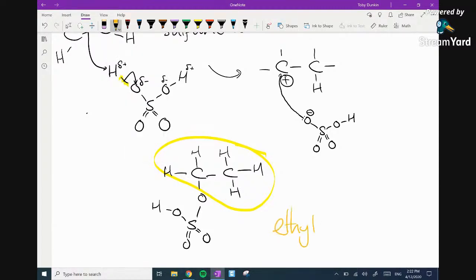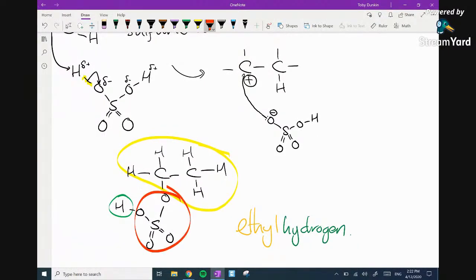Ethyl, because it's a branch off it. Hydrogen. Ethyl, hydrogen, and then sulfate there. Ethyl, hydrogen, sulfate. There you go.